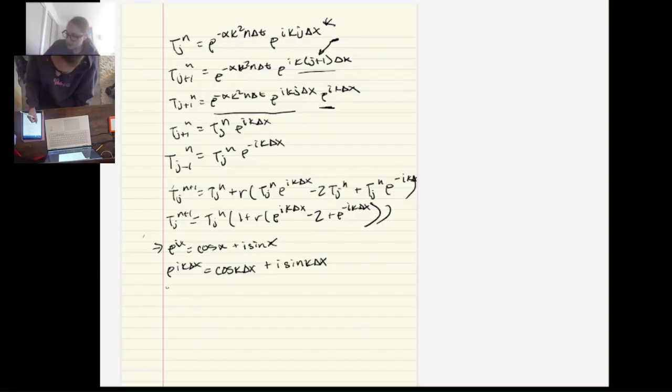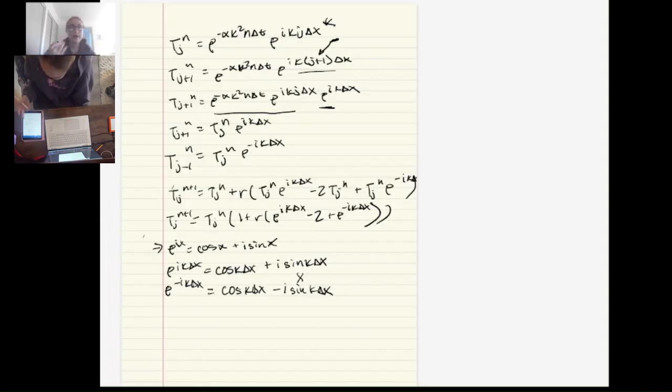And if we did this to e^{-ik delta x}, we're going to have cosine of k delta x, but minus i sine of k delta x. So these two cancel out, so you're going to cancel out all the i's. So now we're going from imaginary to real numbers.